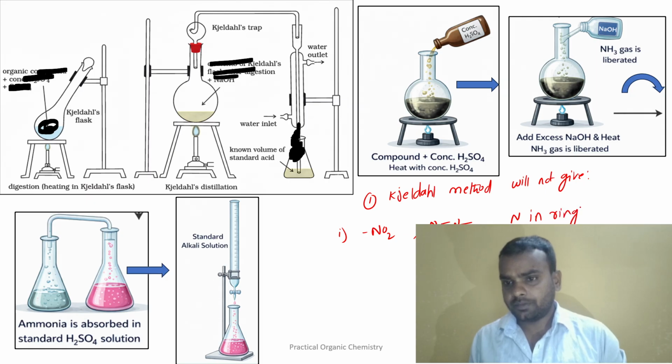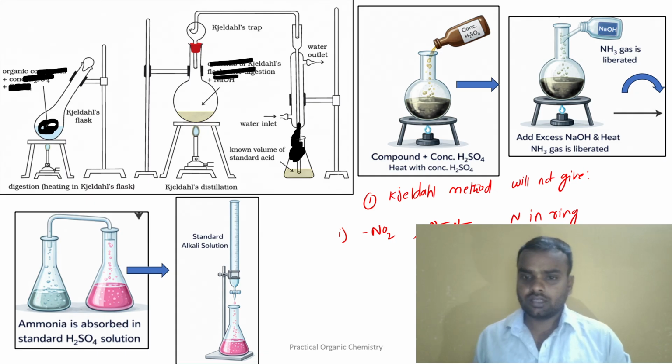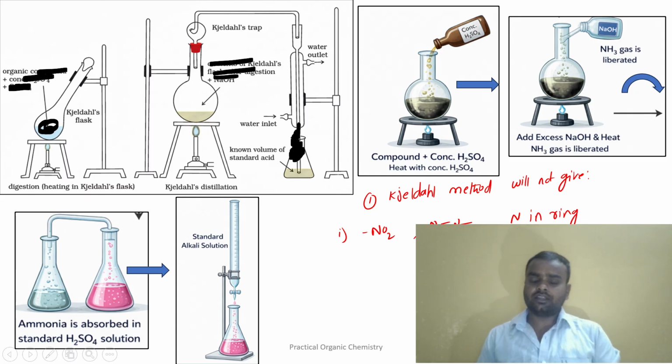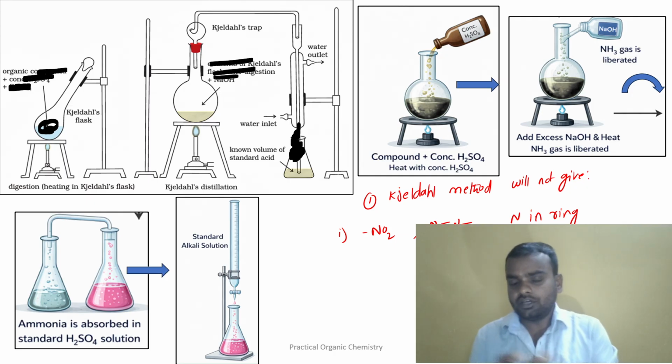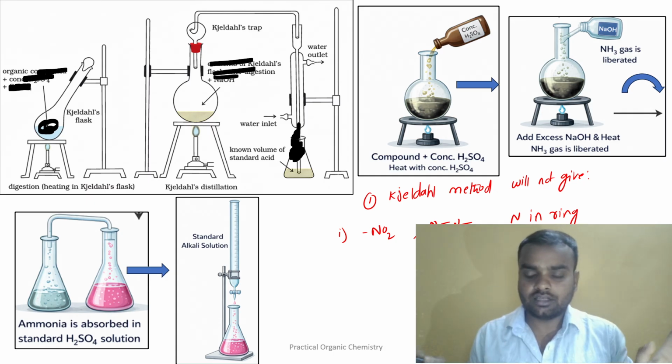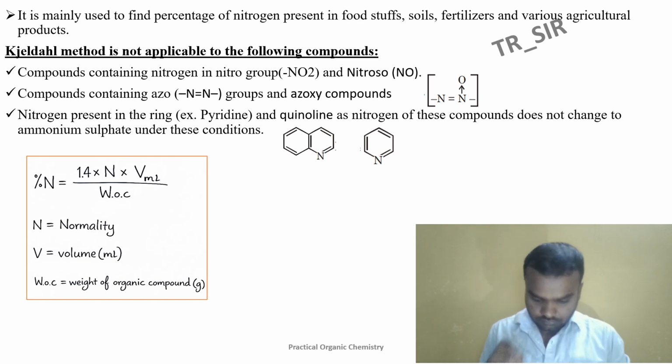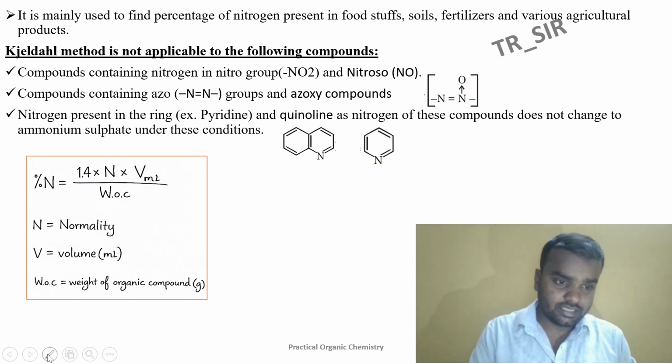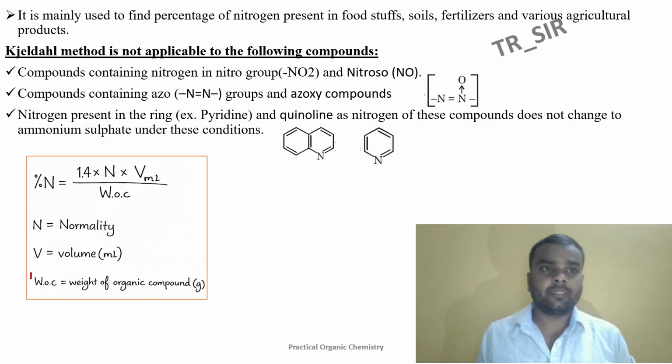For example, if I take pyridine, the nitrogen is present in the ring, so this also will not give the test. Phenolene also will not give the test. In this case, the compound cannot be converted into ammonium sulfate, and if it is not converted into ammonium sulfate, it cannot provide the N2 gas.